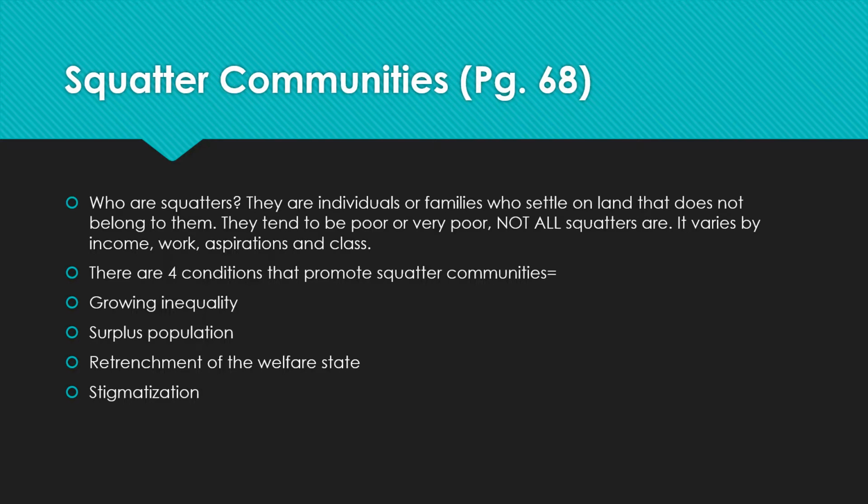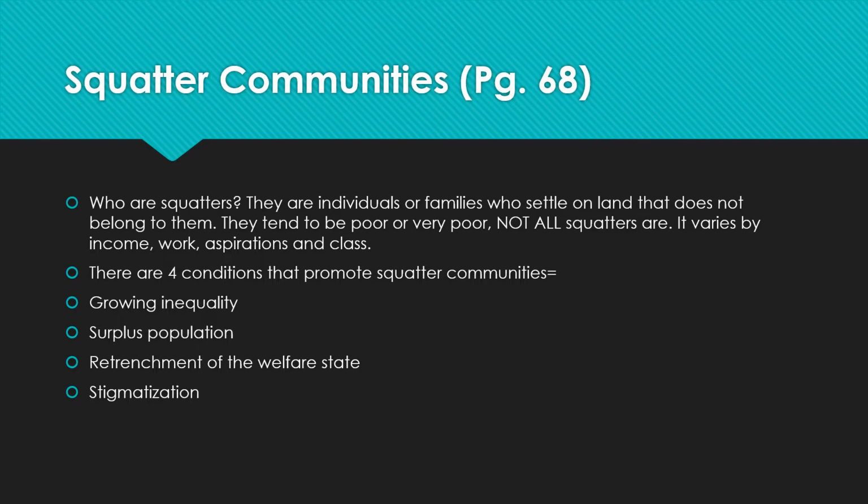Similar but not the same as nomads, if you remember that term maybe from history class or early sociology classes. But squatters are not the same as nomads. These people tend to be poor or very poor, but not all squatters are. So it's very important to realize that. It varies by their income, work, aspirations, and class.